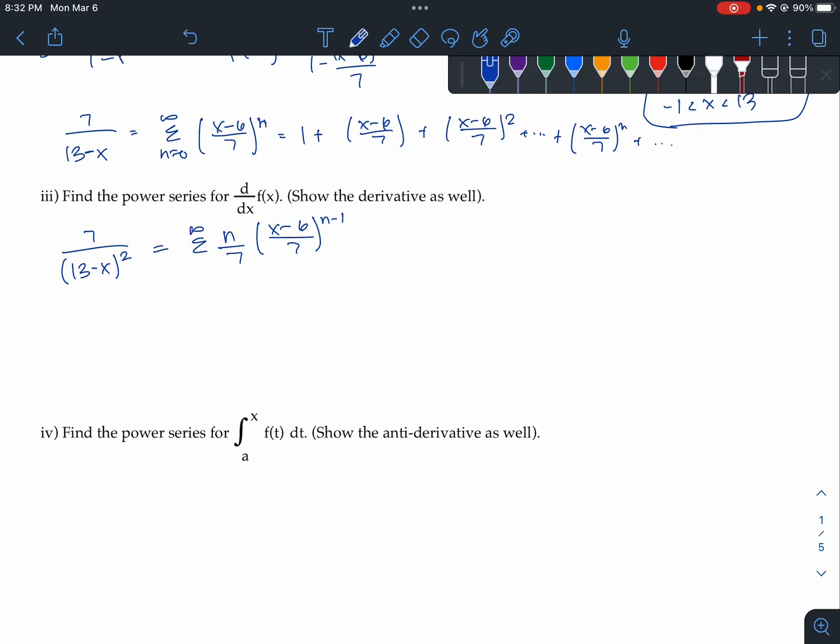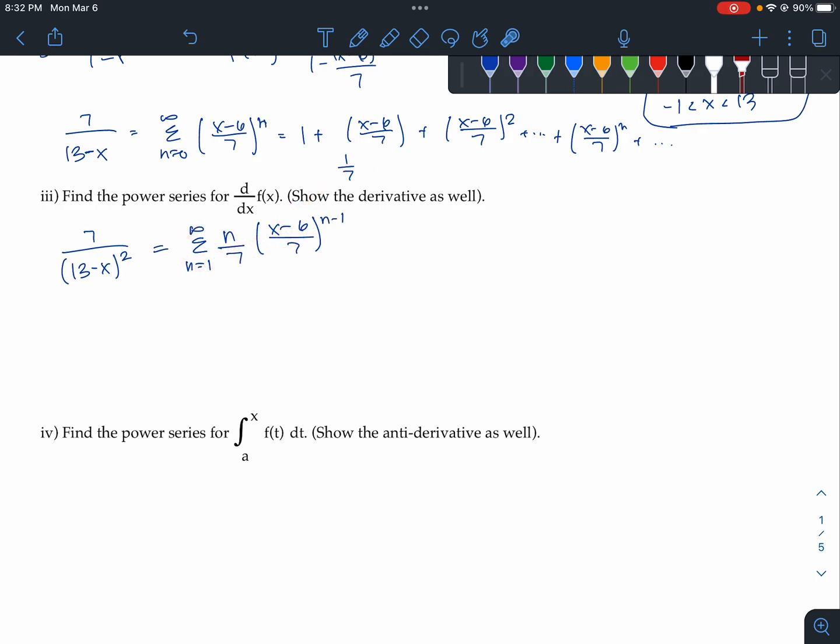Okay, and so now the first term of this series should be equal to 1 over 7 because that's the derivative of that term right here. So in that case, I want n to be equal to 1 here, because if n is equal to 1, then that's going to be 1 over 7, and if this is 1, that's 1 minus 1, so everything's going to be to the 0 power, so I'll be left with 1/7.